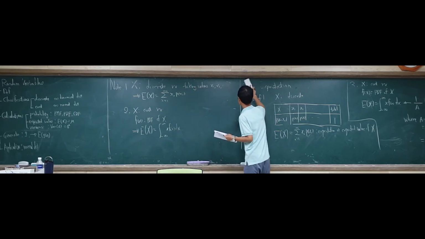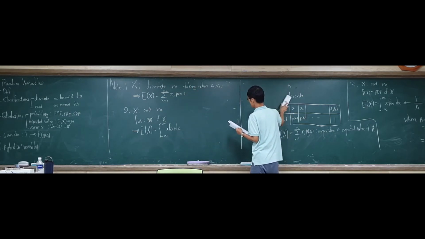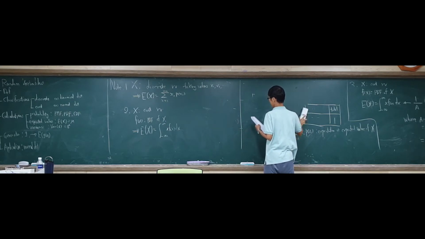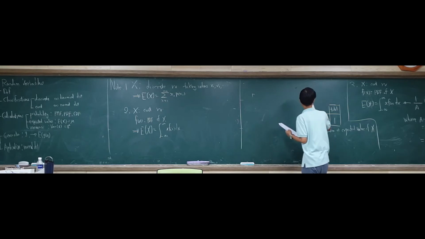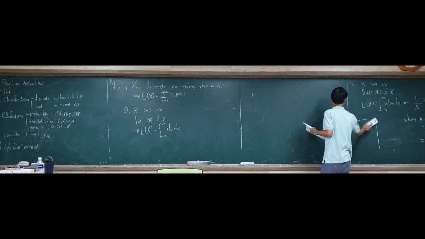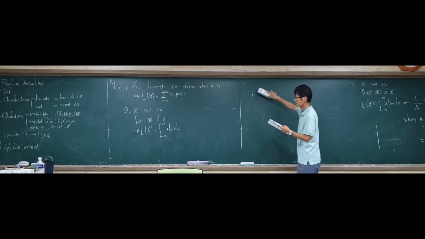So we will consider some examples. At first, we consider a discrete random variable: the outcome when we toss a fair die.